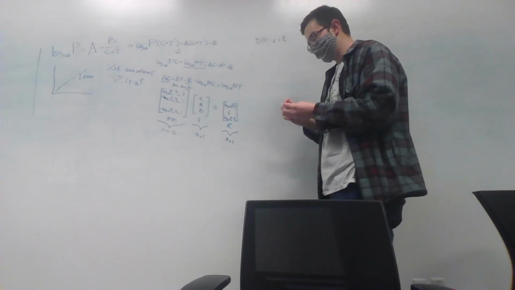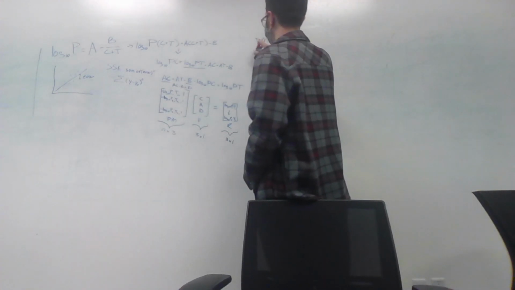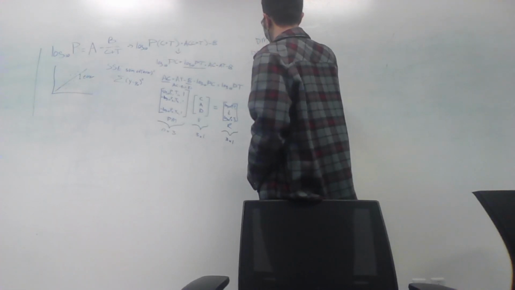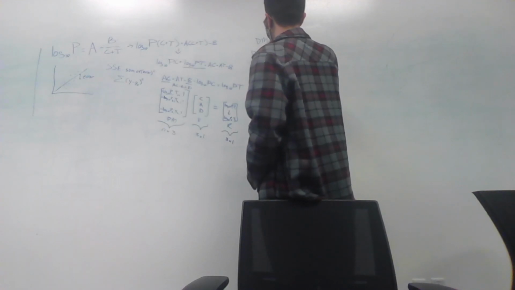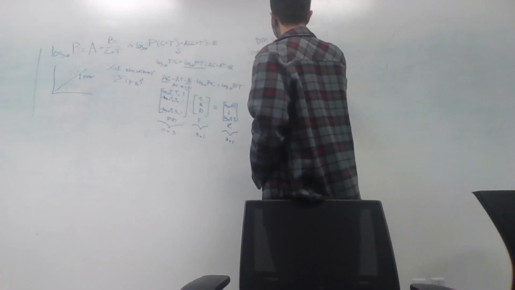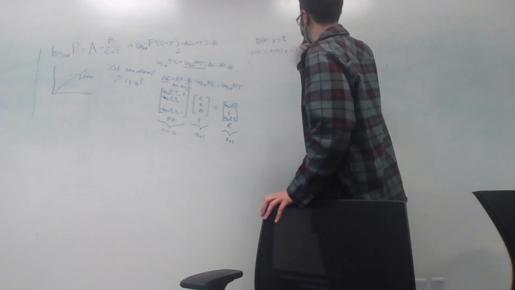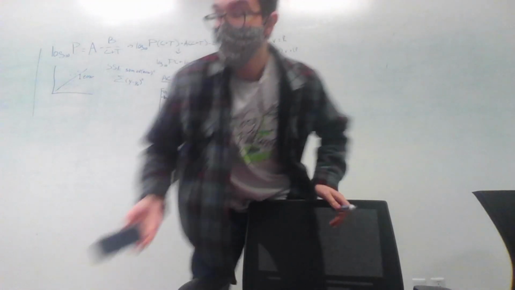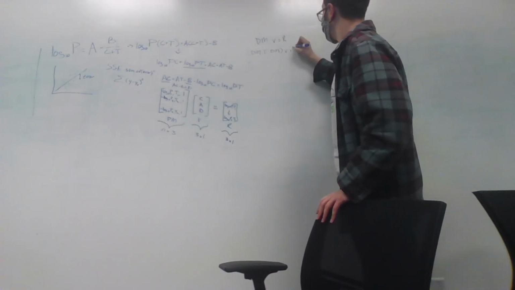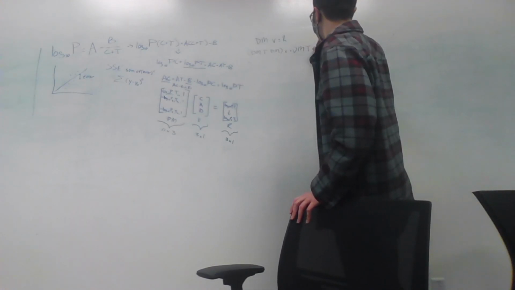So, instead of doing straight this, we are going to do DMT times DM times v equals DMT times r.